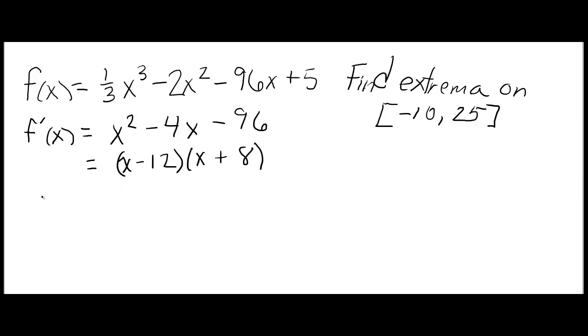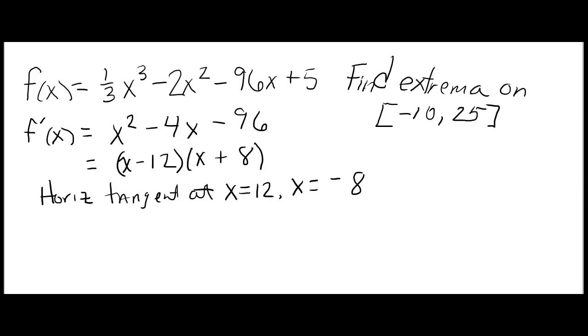Okay, so right away we can tell that we have a horizontal tangent line at x is equal to 12 and also x is equal to -8. Those are the only places where we have a horizontal tangent line.